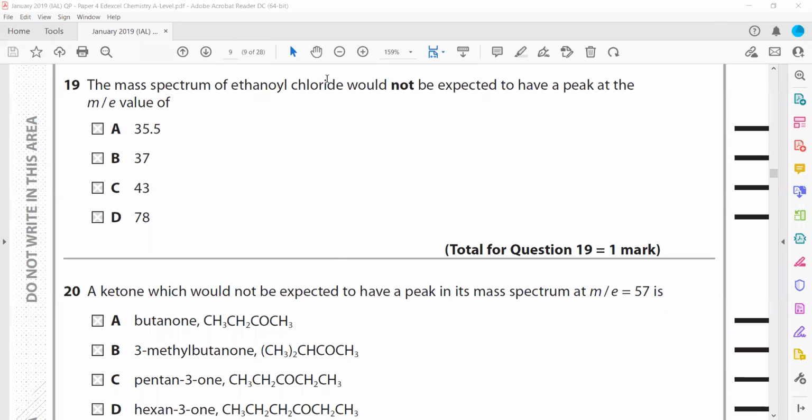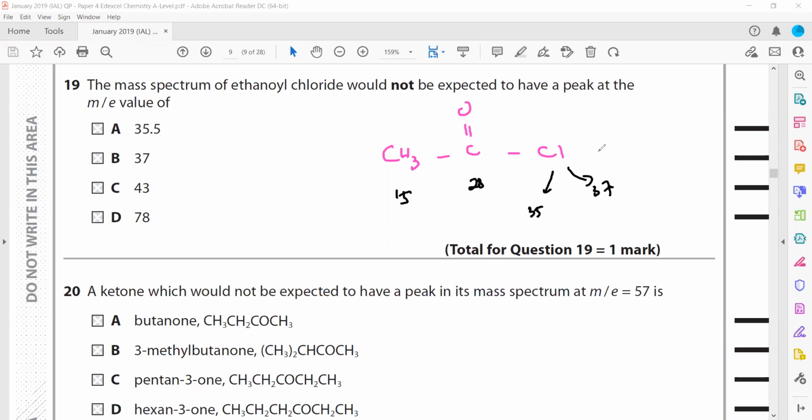The mass spectrum of ethyl chloride would not be expected to have a peak at which value? We have CH3, C double bonded with O, and Cl. Look, this can be 12 plus 3, 15. This will be 12 plus 16, so 28. And this chlorine can be 35 or 37, but not 35.5. 35.5 is the average mass of the chlorine isotopes.